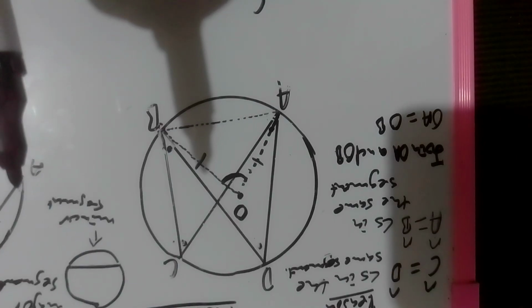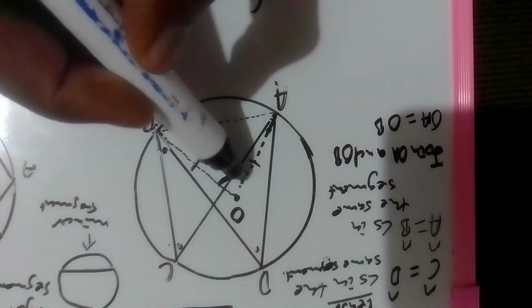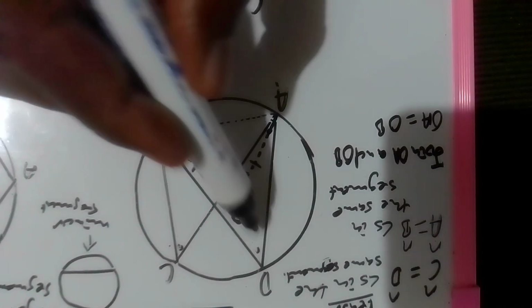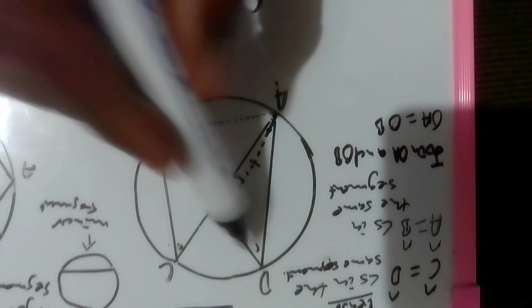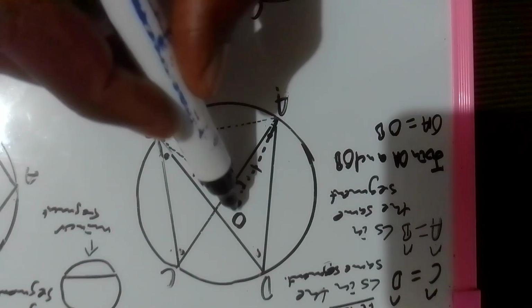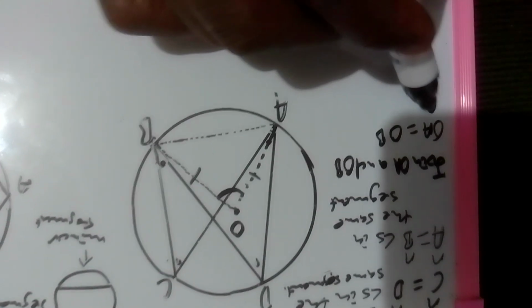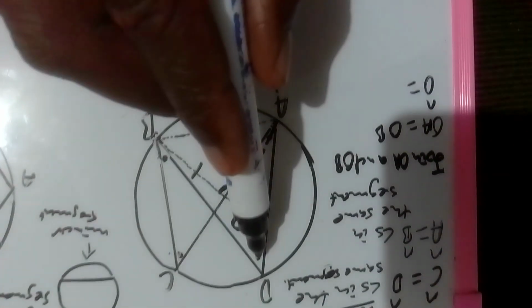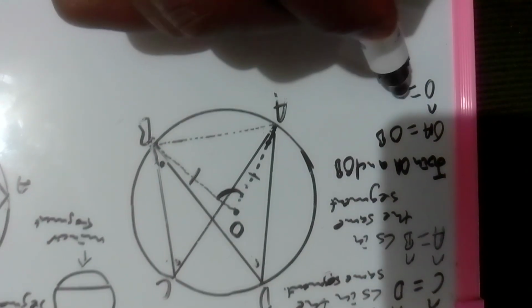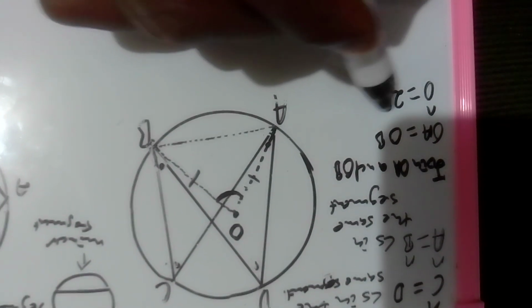Now, remember under theorem 2, we said that the angle at the center is twice the angle at the circumference. So in other words, I'm now telling you that this angle O is 2 times bigger than angle D. So I write 2D here.